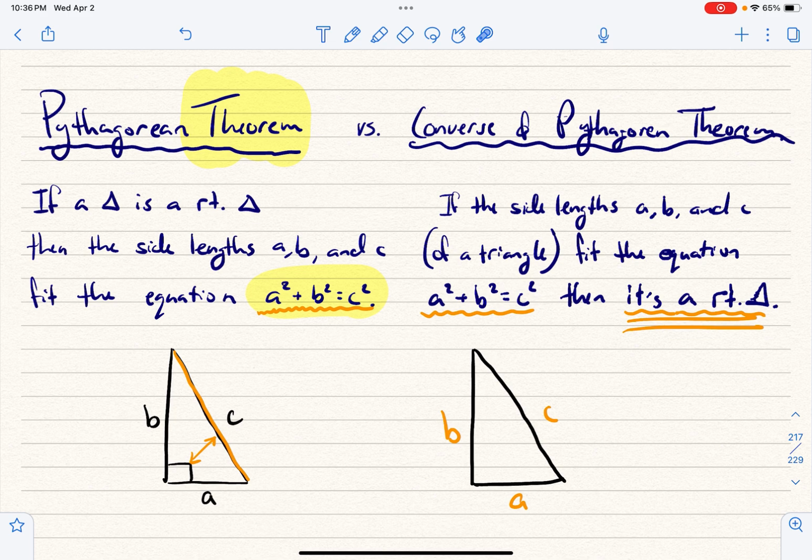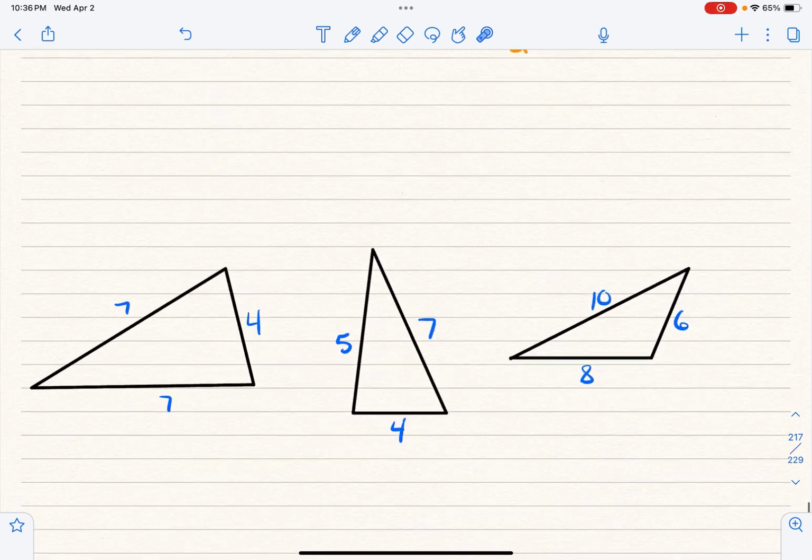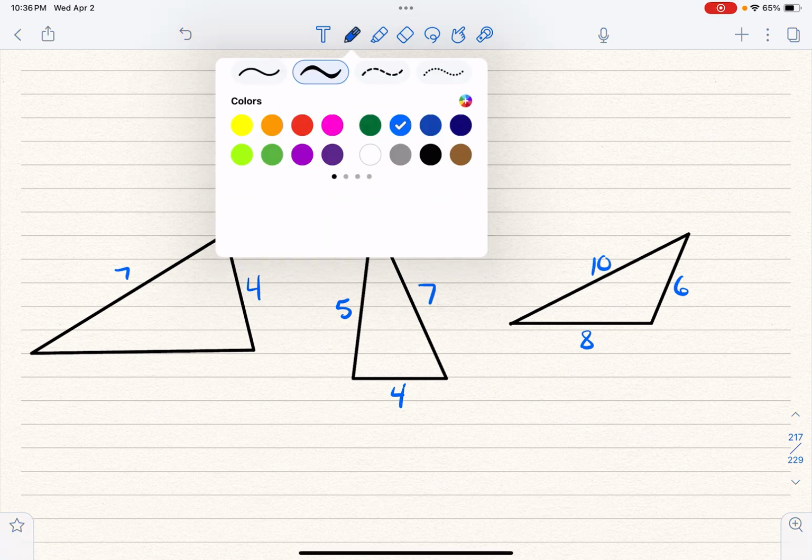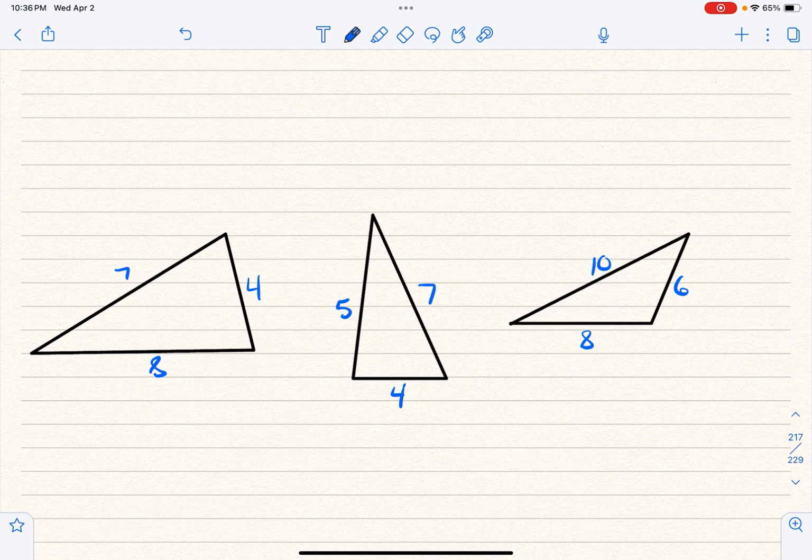Okay, so what we're going to do is play with this idea for a second. My expectation is that most of you probably have some knowledge of the Pythagorean theorem. So now I want to do a little bit of the converse, and let's think through that. So here's three triangles, and I've given you some side lengths. Okay, there's only one thing, I'm going to change this one right here. But otherwise, we're going to say these are the side lengths of these triangles.